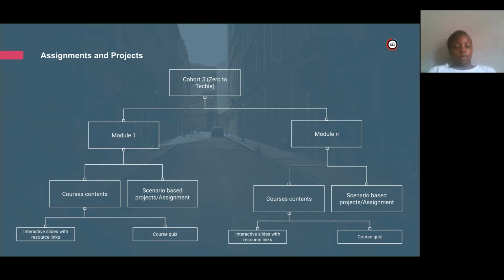Probably I'll give you an instance like, oh, there is a company ABC that wants to do some sort of cloud migration, or they want to start using cloud, or it could be any scenario, or they have this on-prem. Okay, let's not go technical yet, right? So the projects are very much scenario-based, real life, and very practical.